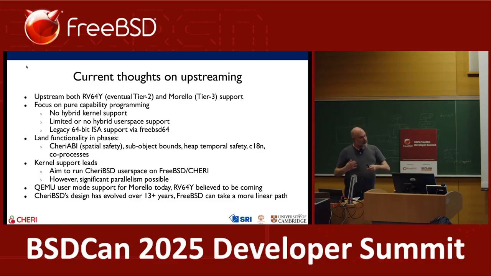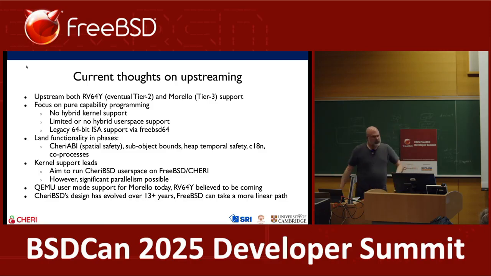And then we've got heap temporal safety that'll come as a separate stage, even though it's very critical to a bunch of our mitigation stories, because it's more disruptive to the VM system. And then we have two kinds of compartmentalization, which I'll hit on a bit more later. One of them is, I think, quite well baked, although we're still actively working on it.